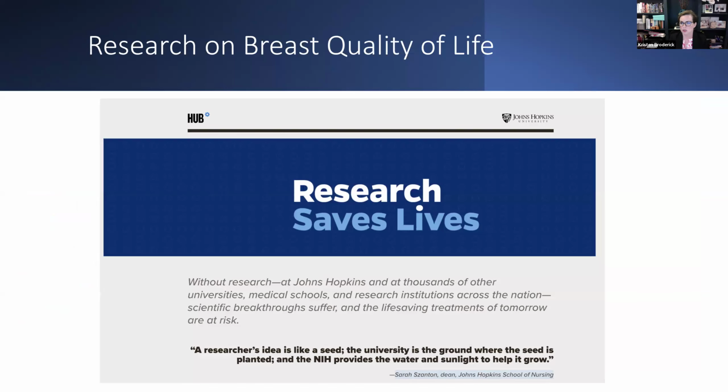And I'd like to touch a little bit on the importance of research, particularly in what aspects of this refer to breast quality of life. We have a campaign going right now at Hopkins about how research saves lives. And I always tell patients when I'm talking to them about reconstruction that there's no medical reason that you need to have a breast. A breast doesn't help you with anything except for your mental health and your sense of body image and the sense of feeling whole, which is why we do it, right?